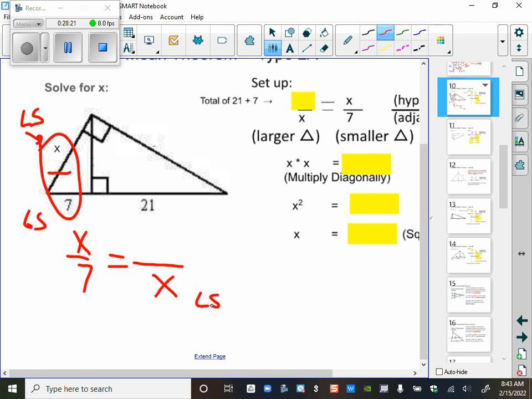Now, here's where we have to be careful. What number is going to go here? Whoever says 7 plus 21 is correct. You've got to add these two. The sum. Anytime you have the slant, you need the sum as well.